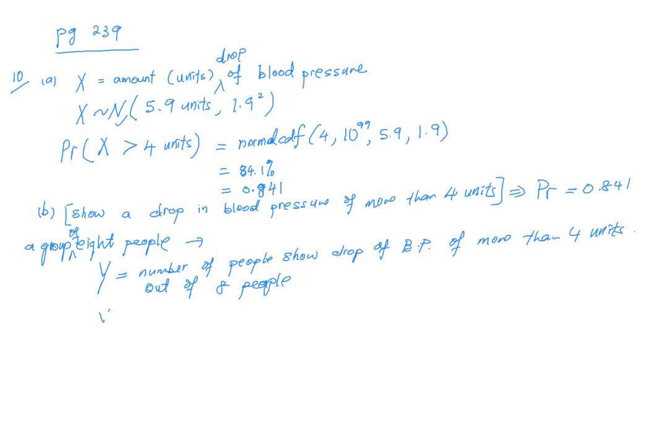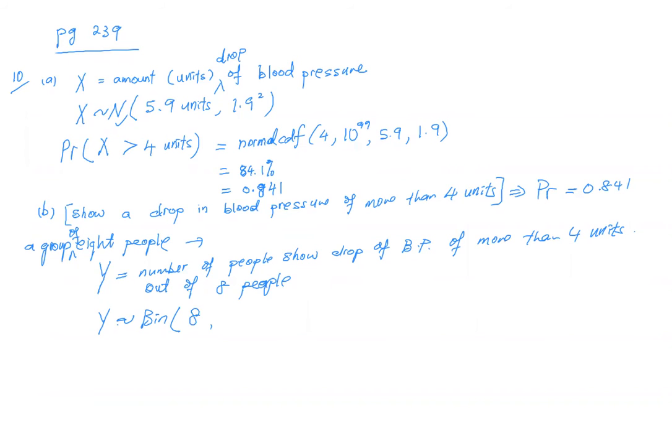So Y is a binomial distribution. What is the number of trials? 8. Yes, 8. Then what is the probability of success?